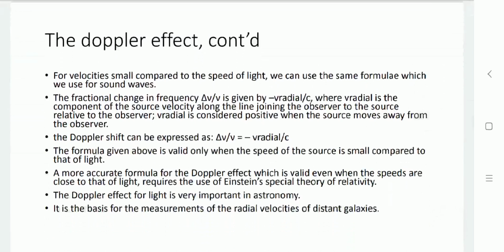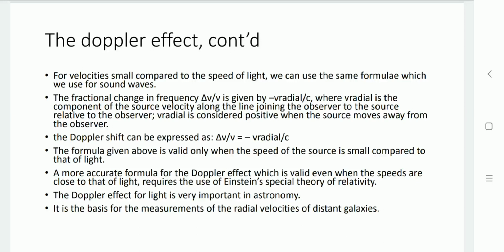For velocities small compared to the speed of light, we can use the same formula which we have used for sound waves. The fractional change in the frequency, denoted as delta v by v, is given by minus v radial by c. Here v radial is the component of source velocity along the line joining the observer and source.